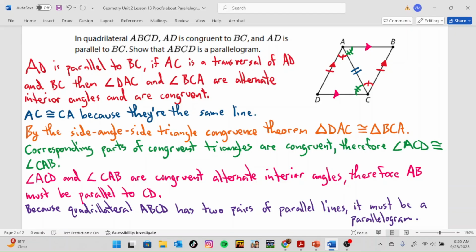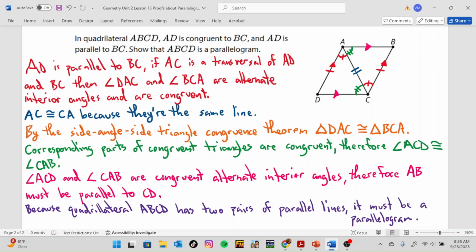Now, because of the side-angle-side congruence theorem, we can prove that the two triangles are congruent to each other. Once we've proven the triangles are congruent, that proves that all of the corresponding parts are also congruent, which then allows us to say that DCA is congruent to BAC.